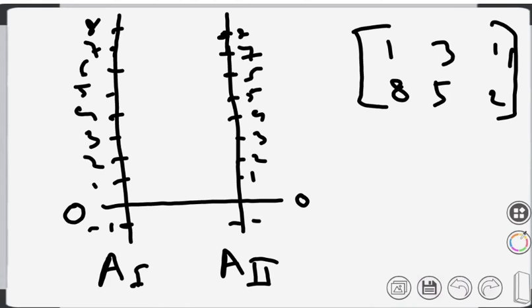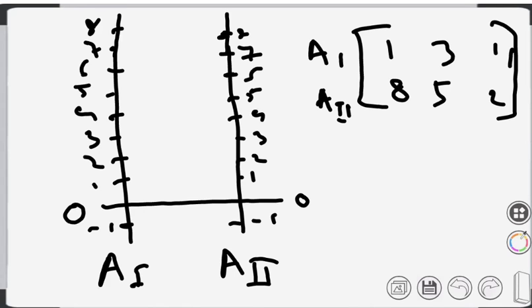Although there are no negative values, I'm just restricting myself to -1. And this is your A1 and this is your A2.